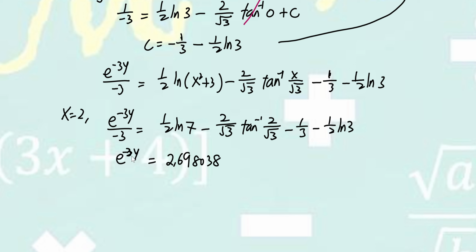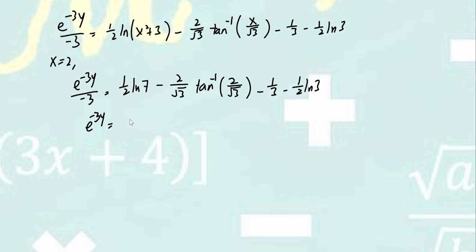Okay, I'm getting this now. Then to get the y, eliminate the e by taking ln both sides. Probably the best way is this one. I just ignore it and show you step by step. So I move up the minus 3 before I give you the answer.